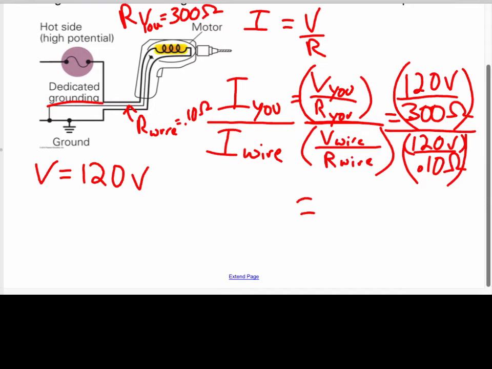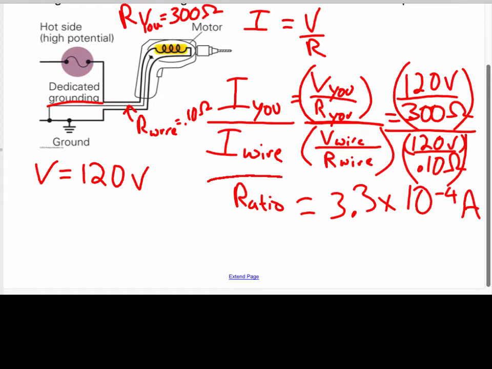And I think if you do the math, the 120s will cancel and, with significant figures, you should end up with 3.3 times 10 to the negative 4 amps. And so that's the ratio from you to the wire, which isn't bad. So this is part A.